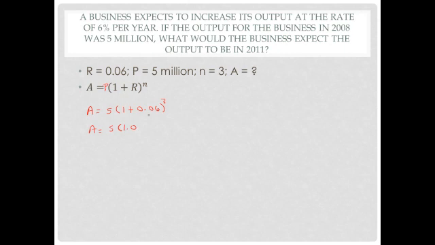So we'll add 1 plus 0.06 to give us 1.06 to the third power. And then let's expand that 1.06 to the third power out. Again, that means that we're multiplying 1.06 times itself 3 times because we had an exponent of 3.